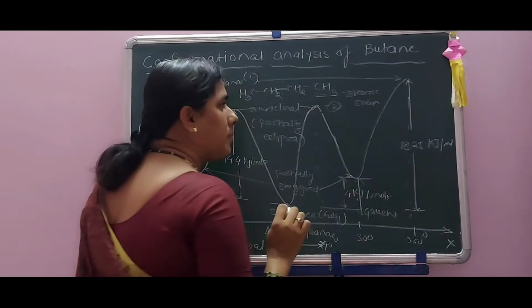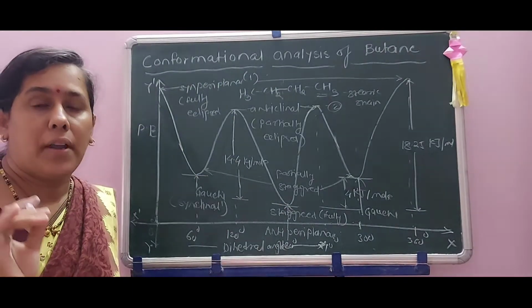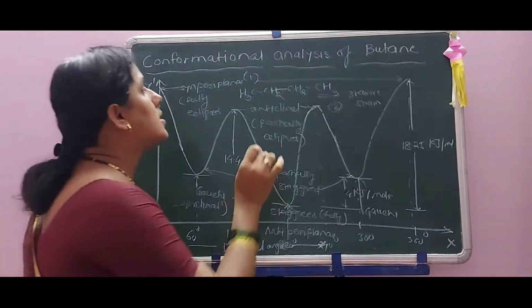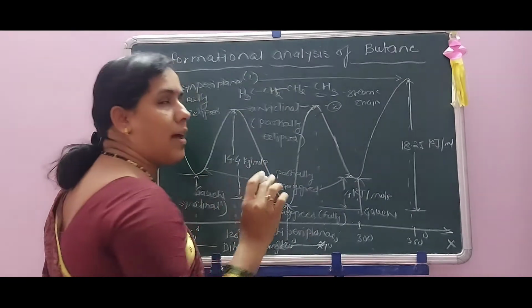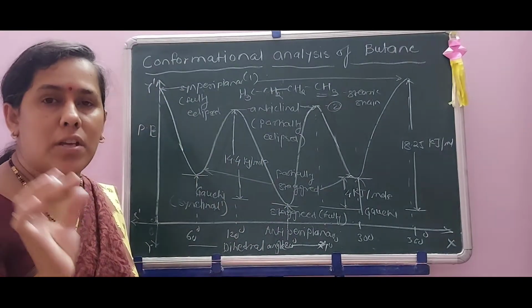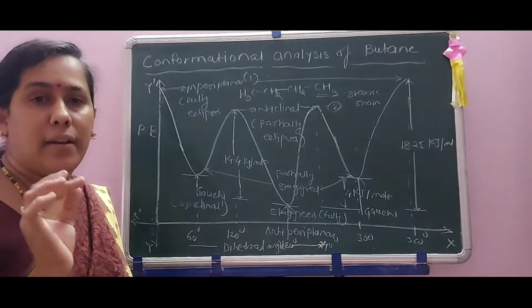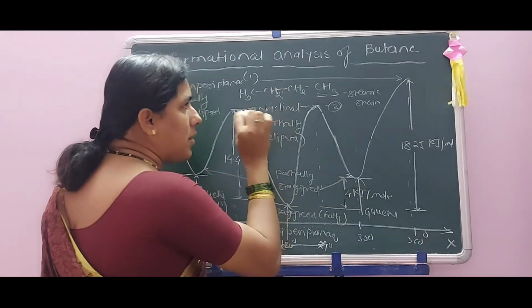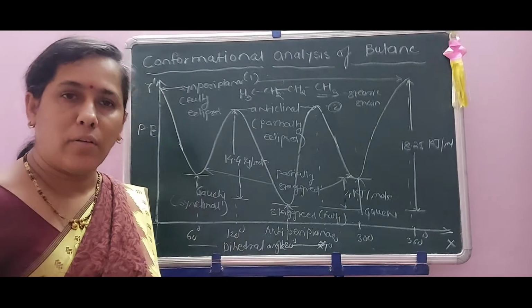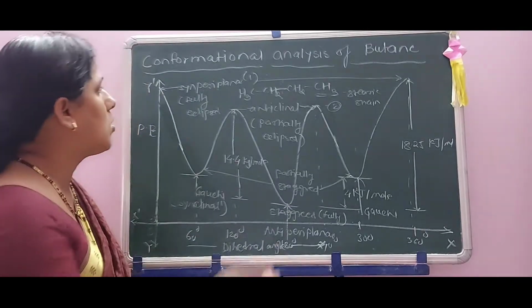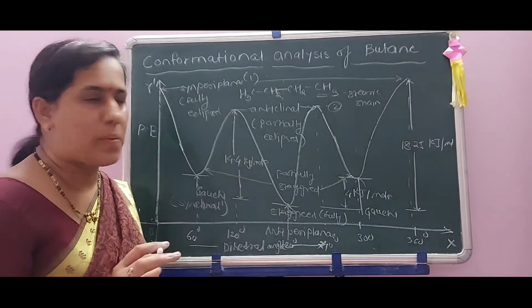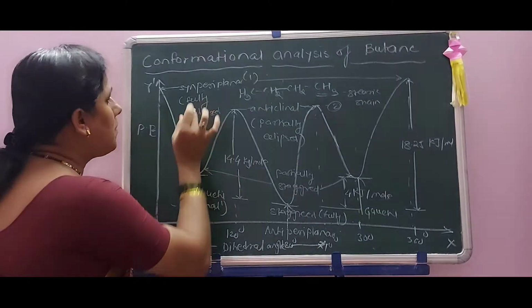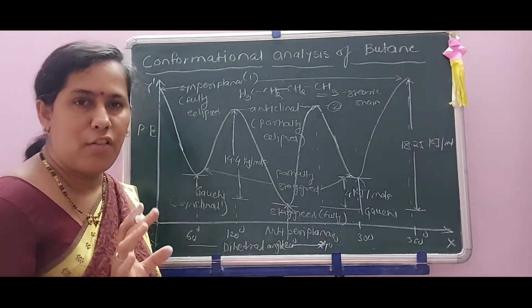And due to the bonding pair electrons of CH bonds which lie near to each other, due to the repulsive interaction or internuclear repulsion between them, a torsional strain also occurs. So one by one we are going to explain each of the conformations in detail.